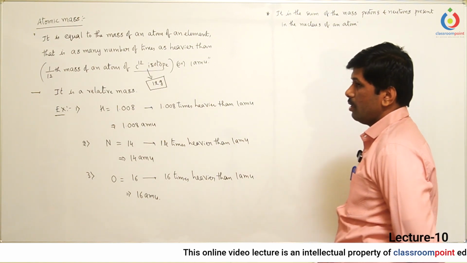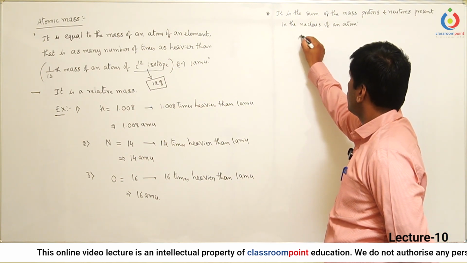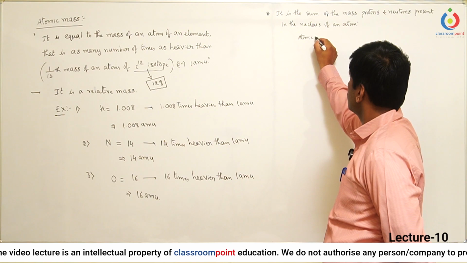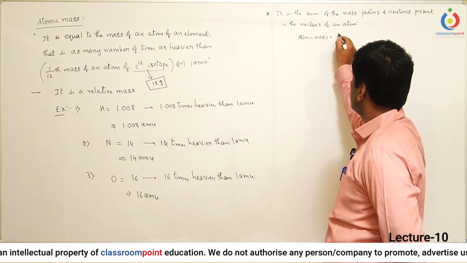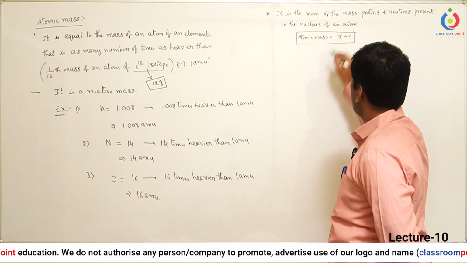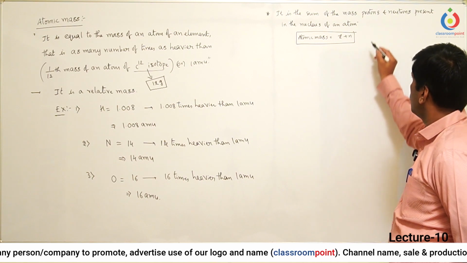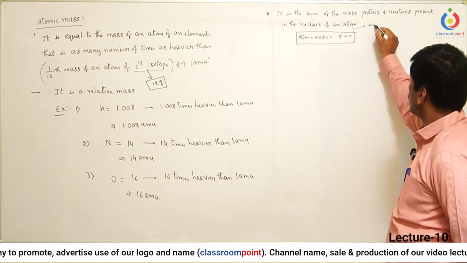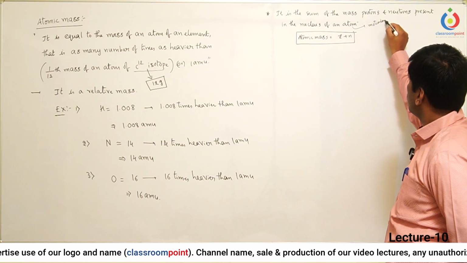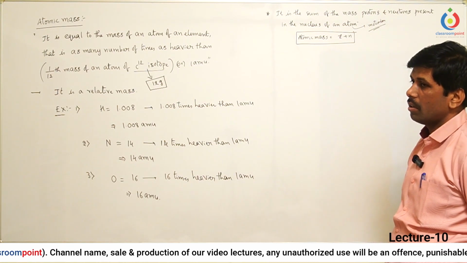So we know that protons and neutrons together are called nucleons. So atomic mass is equal to the number of protons plus the number of neutrons. Usually this calculation, number of protons plus number of neutrons, is applicable when atoms are motionless. So when they are not in movement, then we can apply this particular concept.